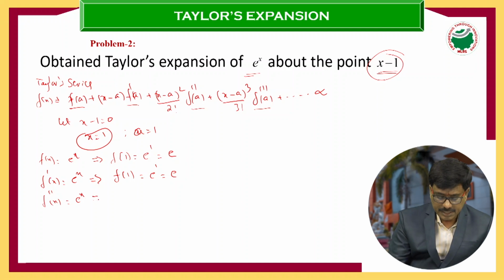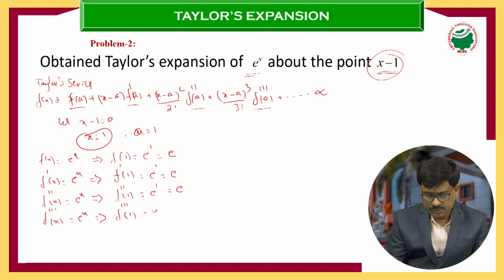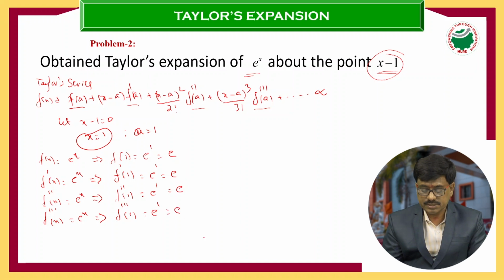We just replace the a value, that's all. f double dash of 1 is e power 1, which is equal to e, and f triple dash of x is e power x, so f triple dash of 1 is equal to e power 1, also the same e.